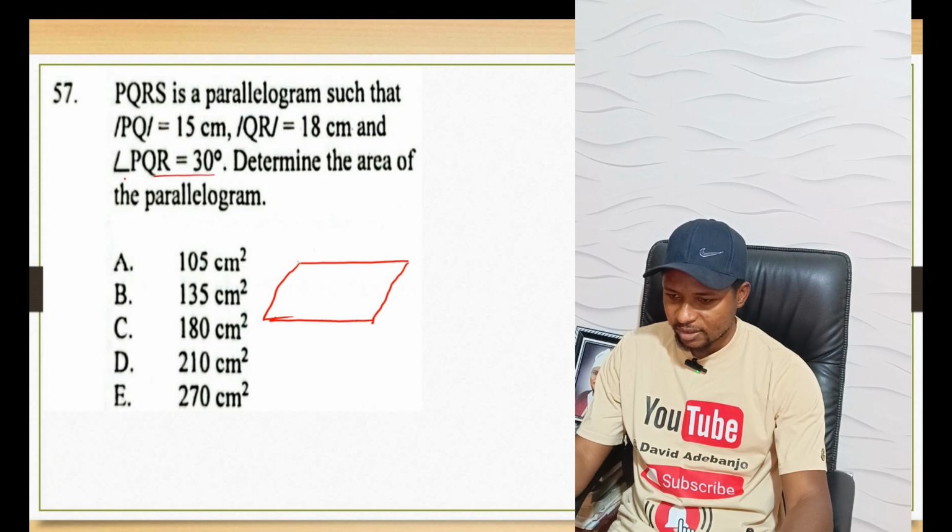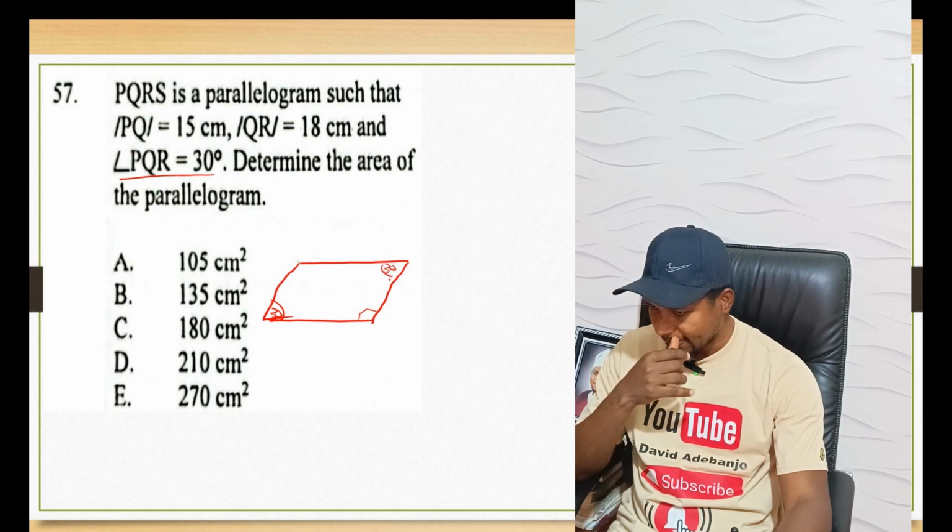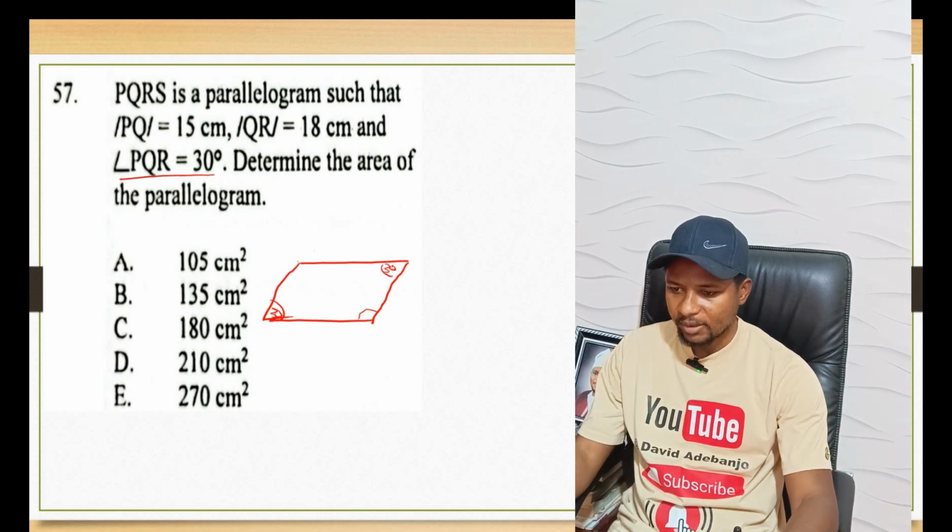Why do I have to? Because you have to place 30 where it should be placed. This is an obtuse angle, so I can't place 30 here. I can place 30 here, so this is why I can place the 30 degrees. And I can also place it here, because opposite angles in a parallelogram are equal. All right, so this is my Q. If I start my labeling from here, I can call this P, Q, R, and obviously this is S, so you can fill up now.